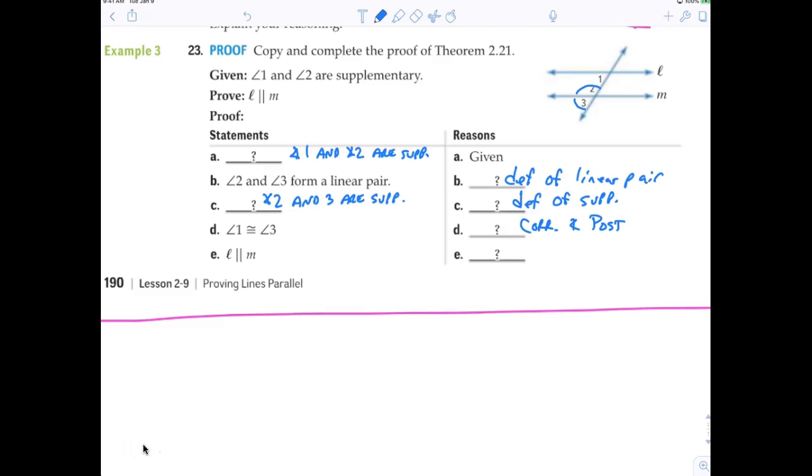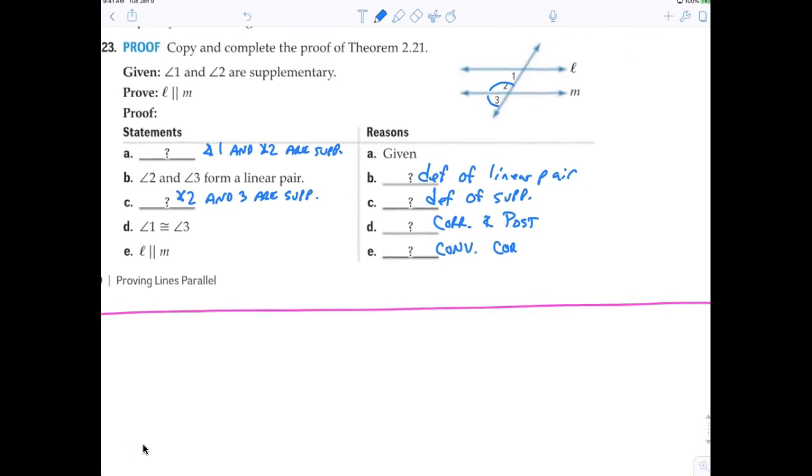Before that, we said if the lines are parallel, then the angles are what? Congruent. So the converse is switching the hypothesis and conclusion. So if angle 1 is congruent to angle 3, then line L is parallel to M, and that is the converse of the corresponding angle postulate.